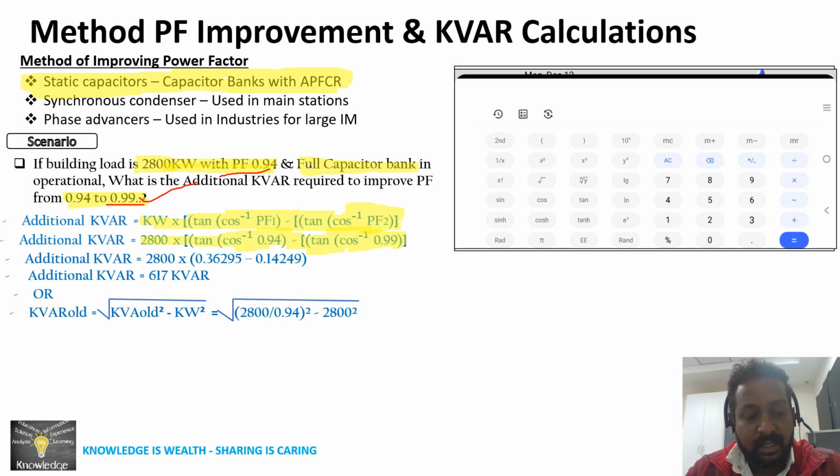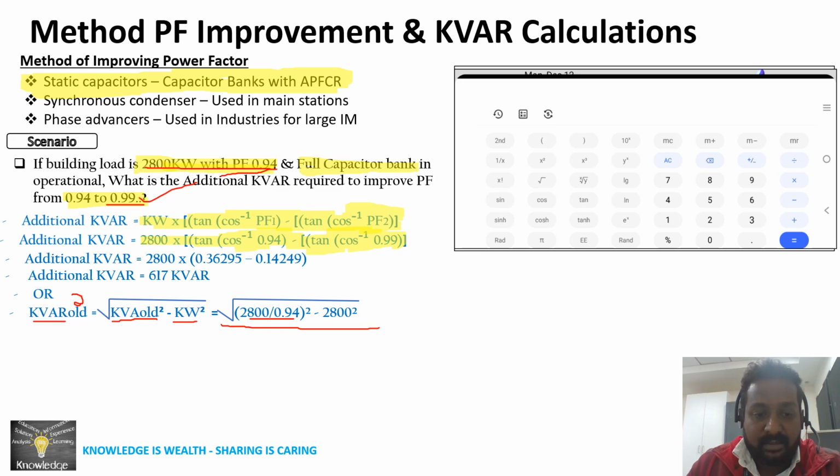Removing the square, kVAR is equal to the square root of kVA square minus kilowatt square. That is the square root of (2800 divided by 0.94) whole square minus 2800 square, because kVA is equal to kilowatt by PF.